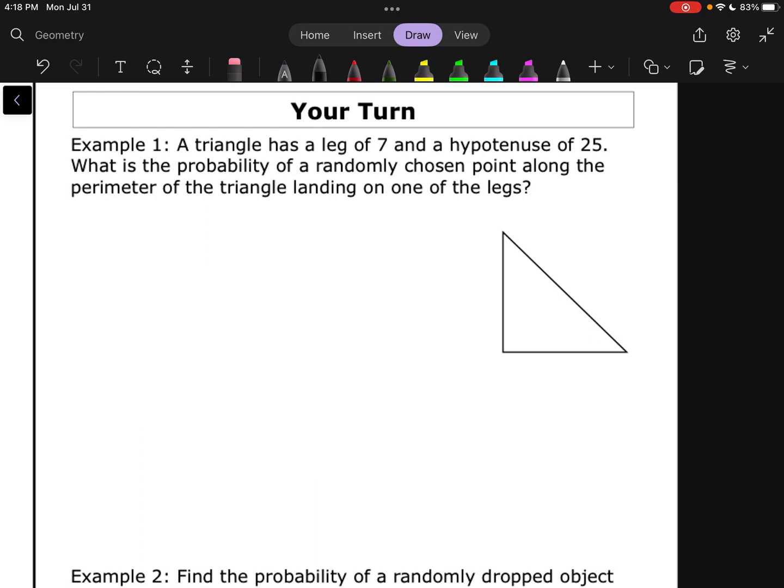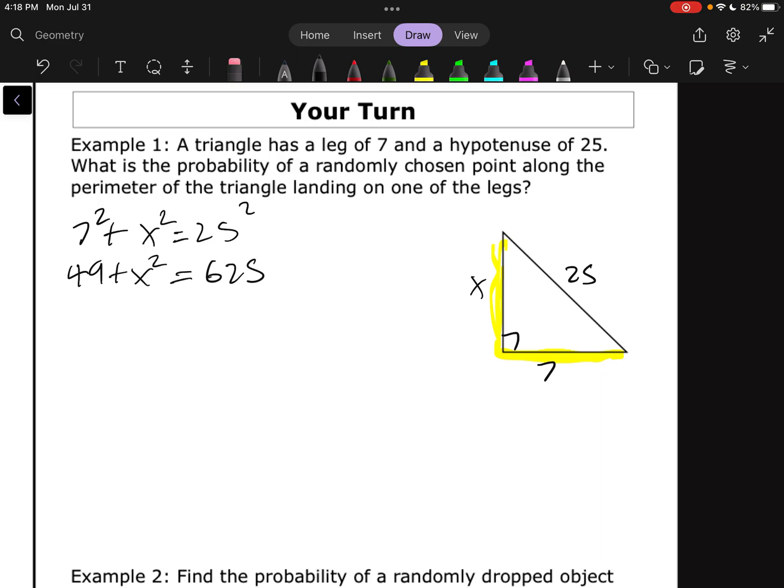All right, so for the first one, it says that we got a leg of 7 and a hypotenuse of 25. And we want to land on one of the legs. Now, hopefully you figured out what that leg was first. That's 7 squared plus x squared equals 25 squared. It's 49 plus x squared equals 625.